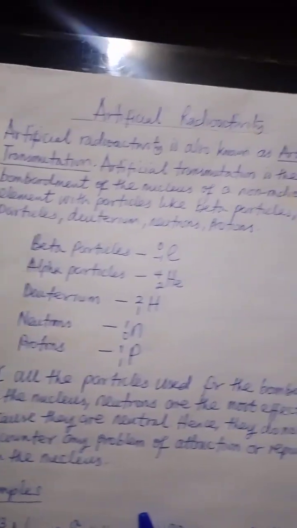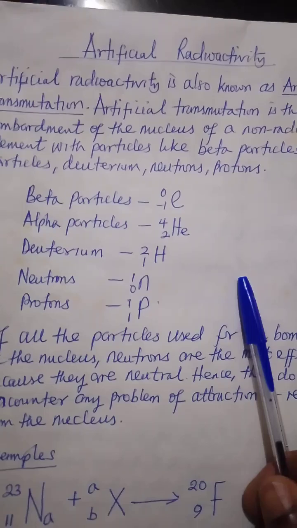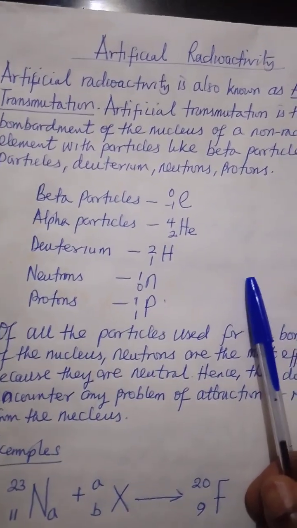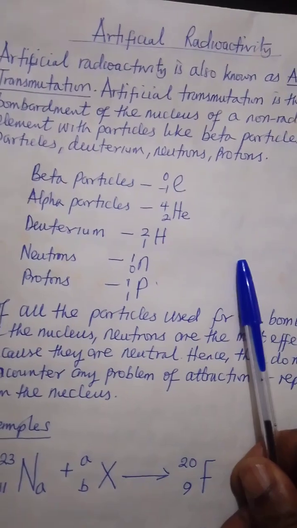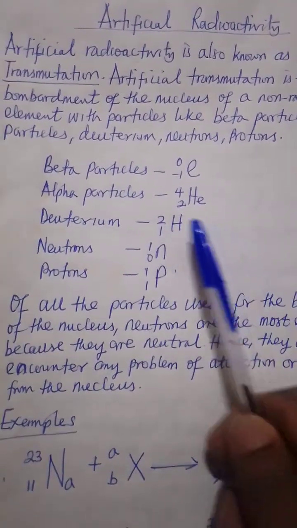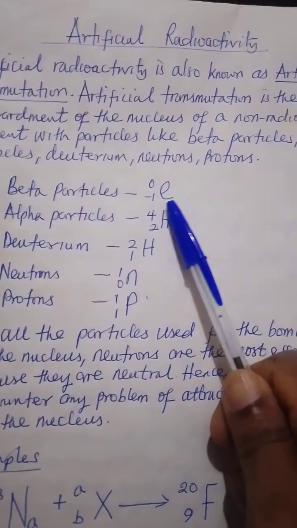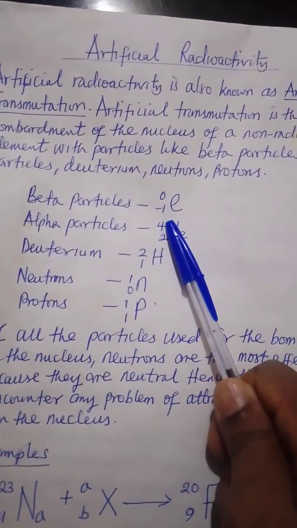Now we need to recall some of the symbols that are used to represent beta particles, alpha particles, deuterium, neutrons, and protons. For beta particles, we use e, 0, minus 1.